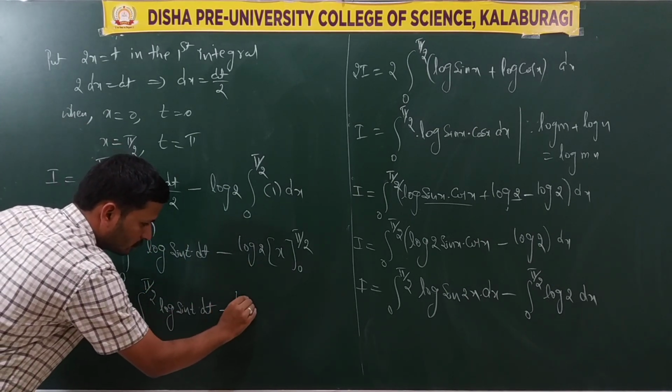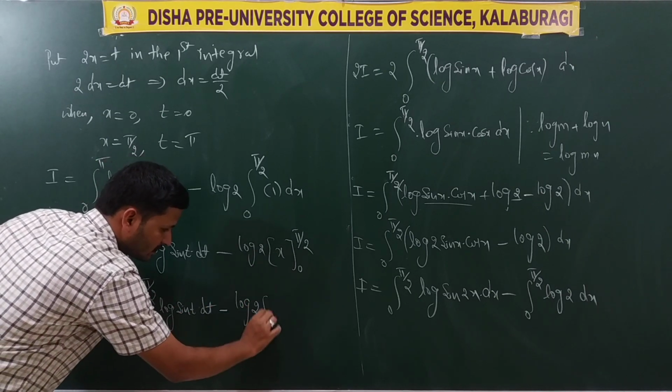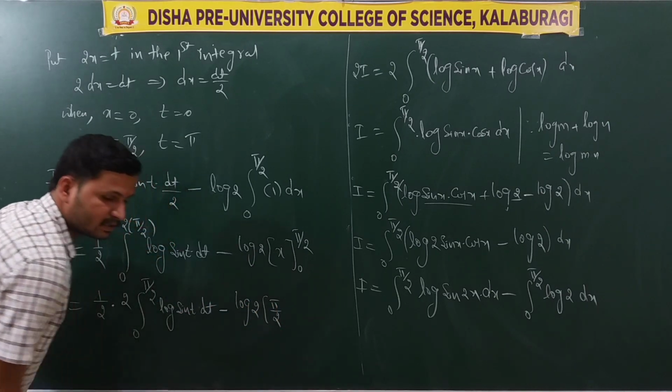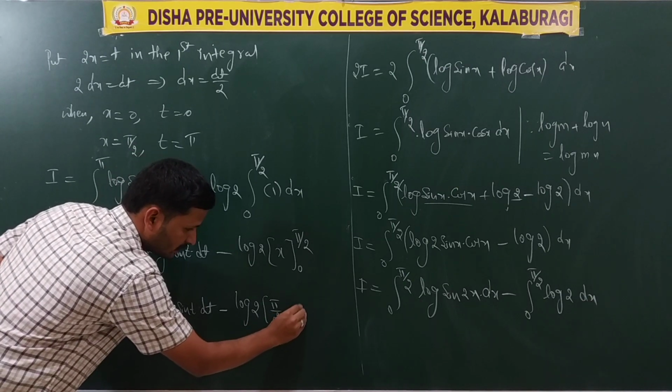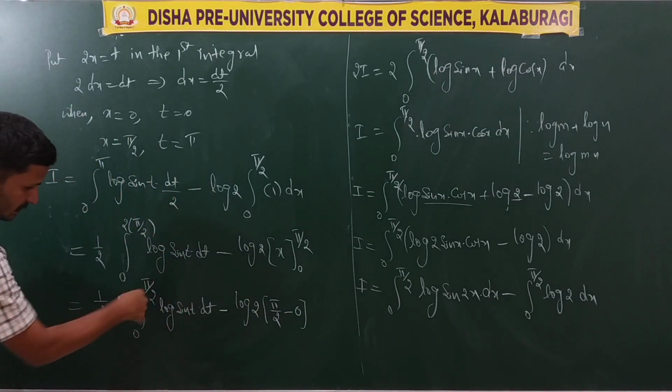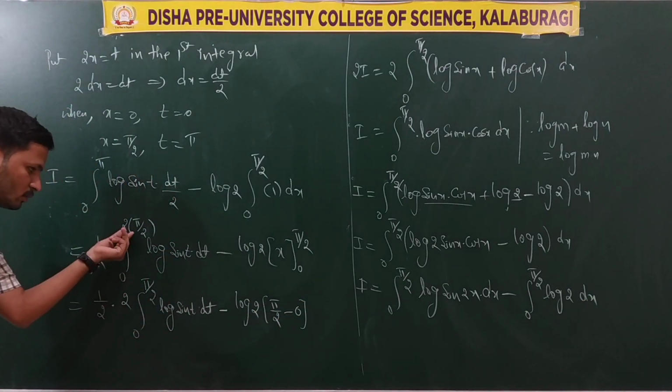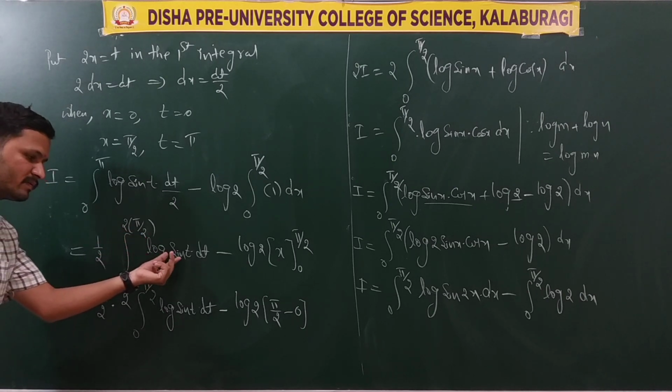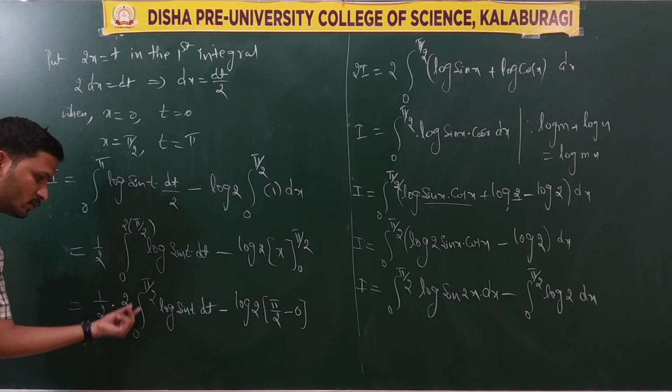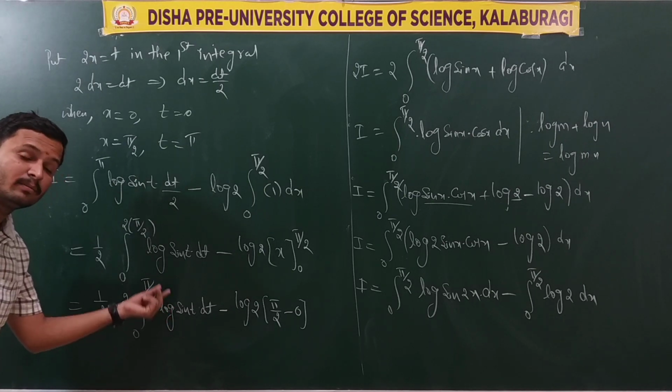Minus log 2, and substituting the upper limit pi by 2 minus lower limit 0.